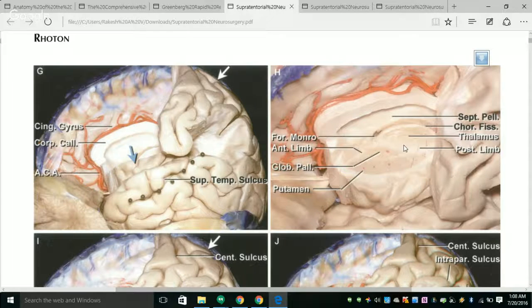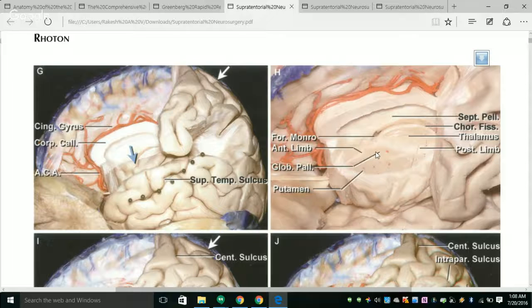So it is located between the lentiform nucleus and the caudate nucleus, and what forms the lentiform nucleus is the putamen and globus pallidus.